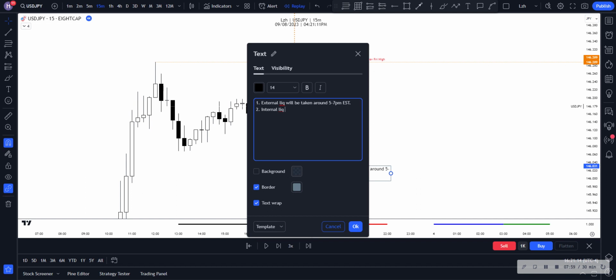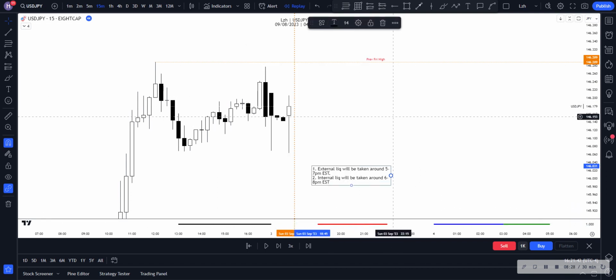So usually this will happen around, if the external liquidity liquidation happens before 7, like 6 o'clock during dinner time, sometimes the internal liquidation can happen around 7 as well. So give and take a little bit. So this will be somewhere around 6 to 8 p.m.